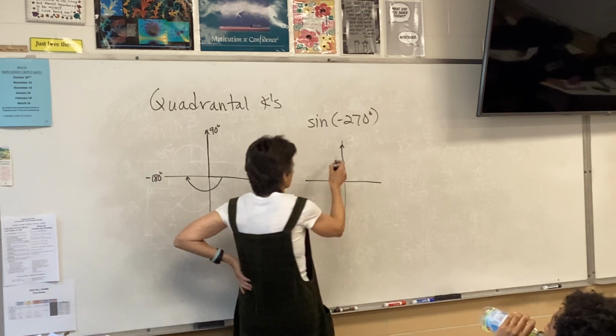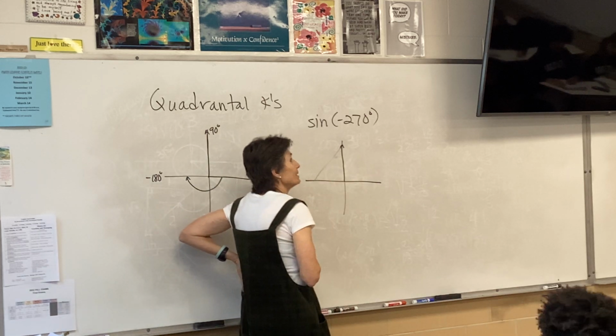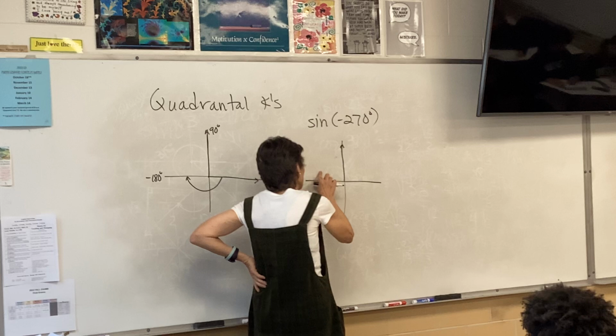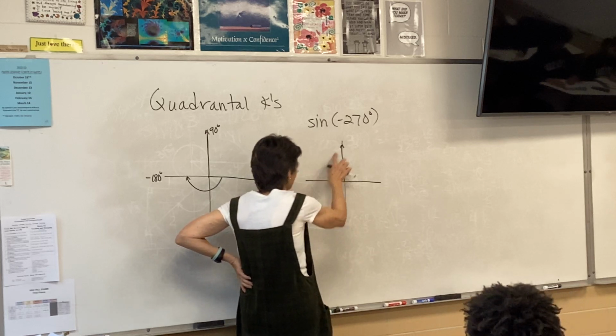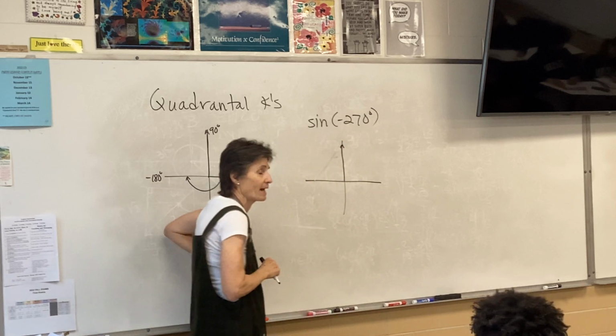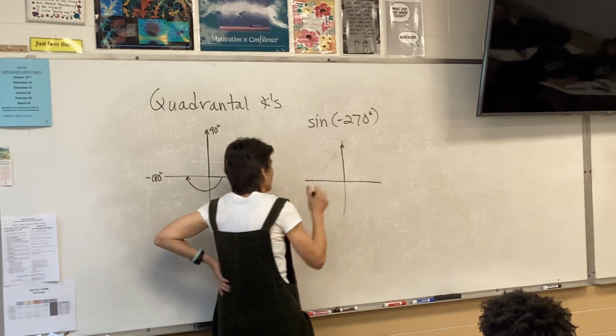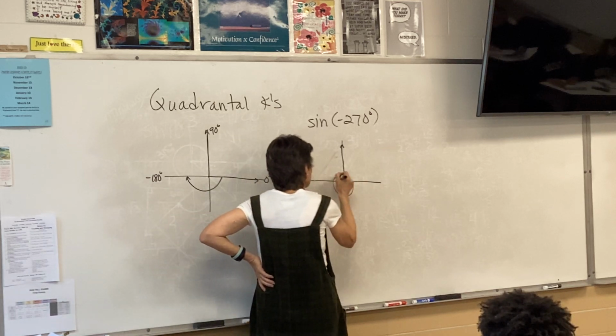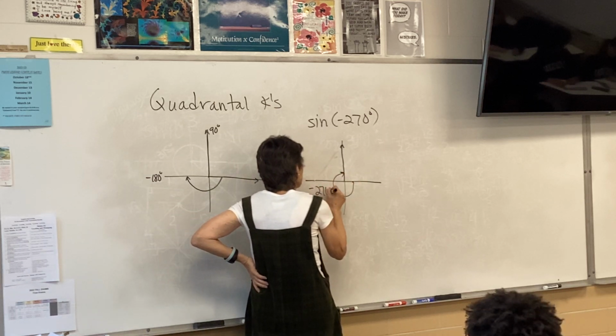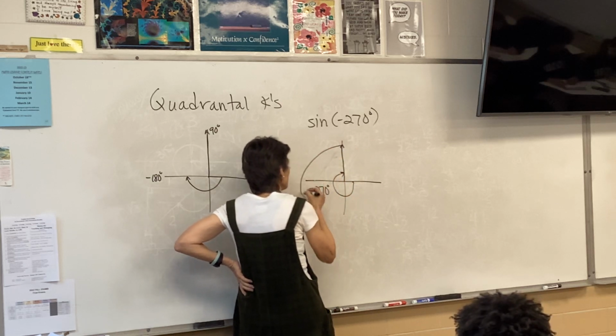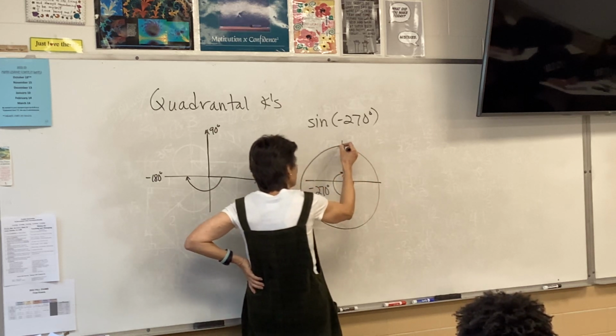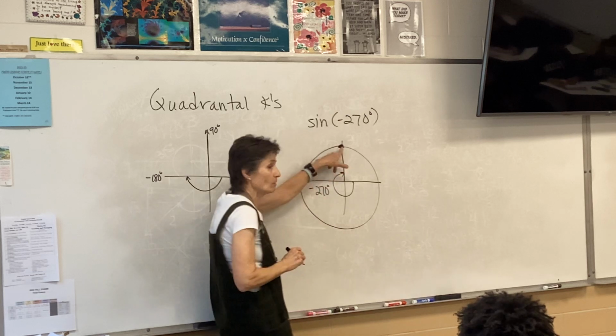So there's always kids that say, well, I can draw a triangle. No, you can't. The perpendicular has to be dropped to the x-axis. You don't just randomly draw in some diagonal line. So what we do is, this is negative 270. We imagine a circle that contains that point right there, that angle right there.